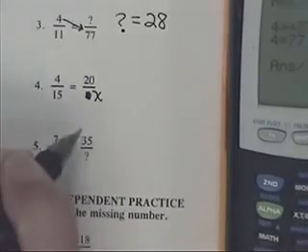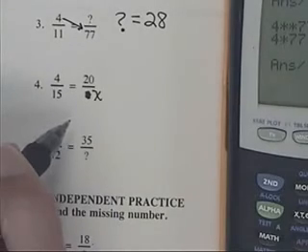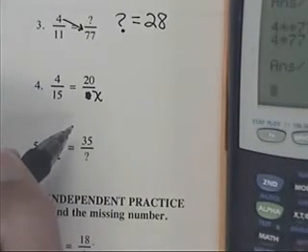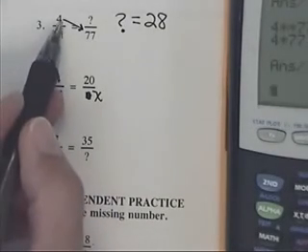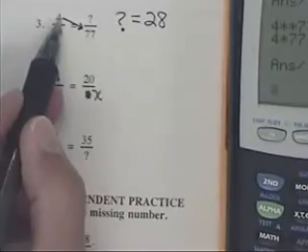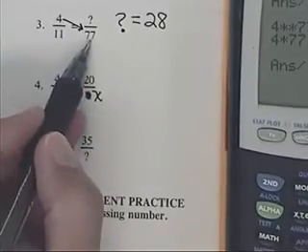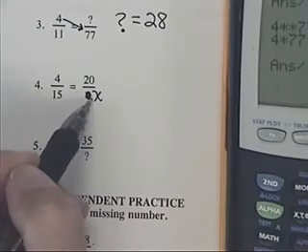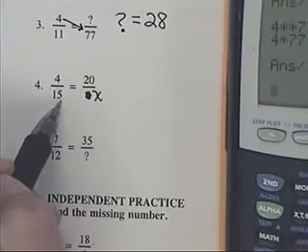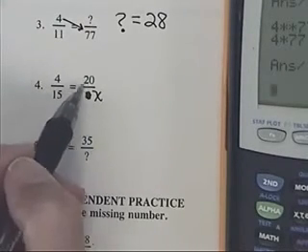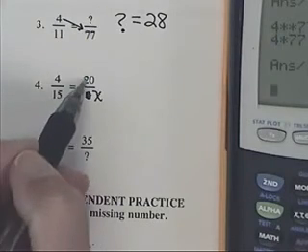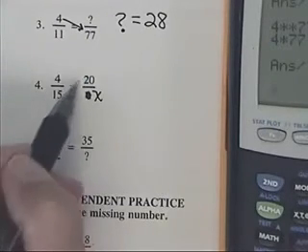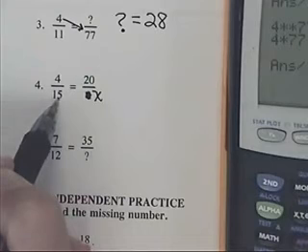If I were going to solve this one, I want to multiply the 2 numbers that are diagonal from each other. In number 3, I multiplied the top of the first one times the bottom of the second one. In number 4, if I do that, that's the number that's missing. That doesn't help me. So I'm going to multiply the 15 times the 20. I look for two numbers that are diagonal where both numbers are given.